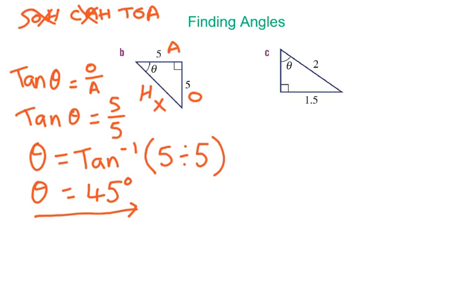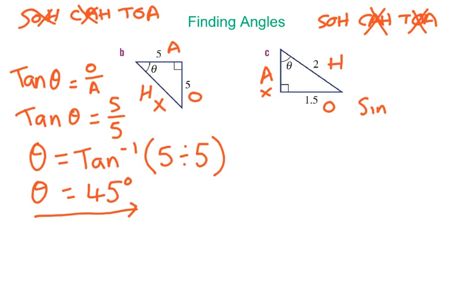Moving on to our second triangle. Label it H, O, A, SOH CAH TOA. I now have nothing on my A. I can't use anything that has an A in it. So cos and tan are out, and I'm left with sine.